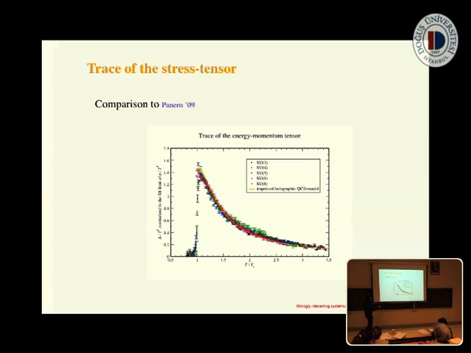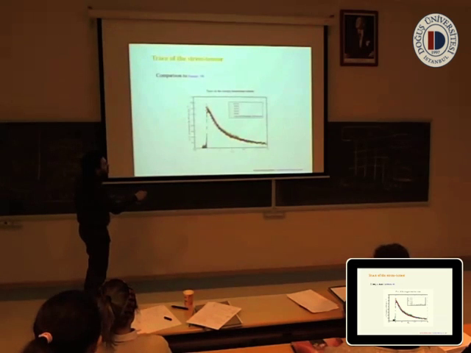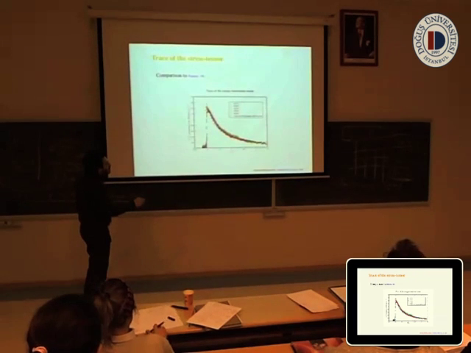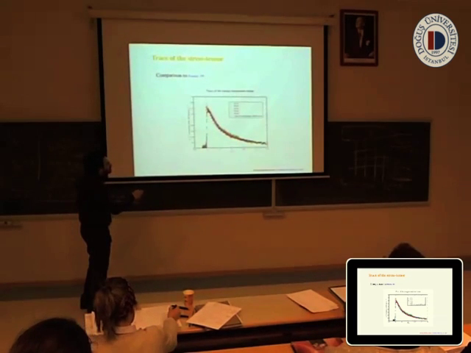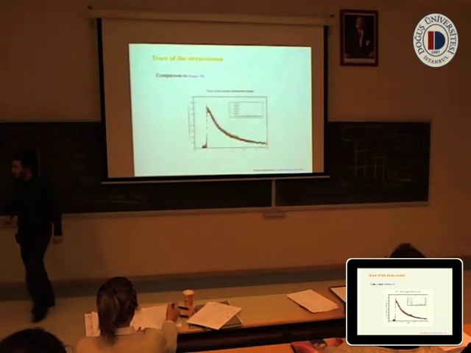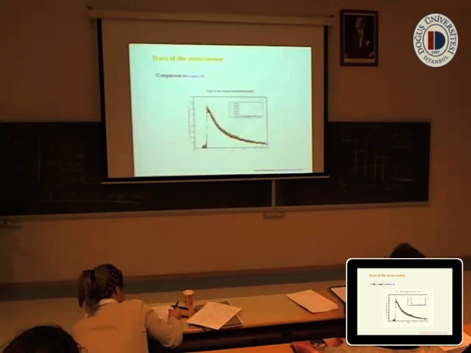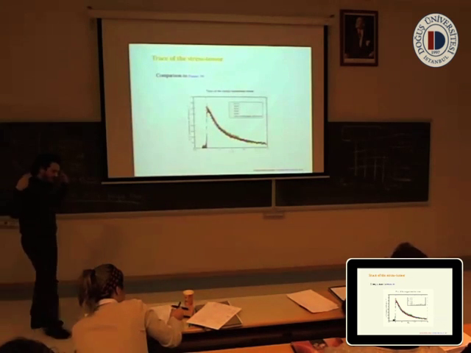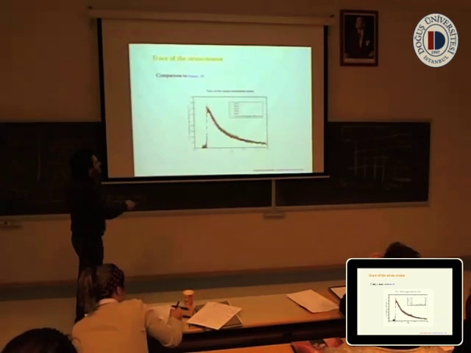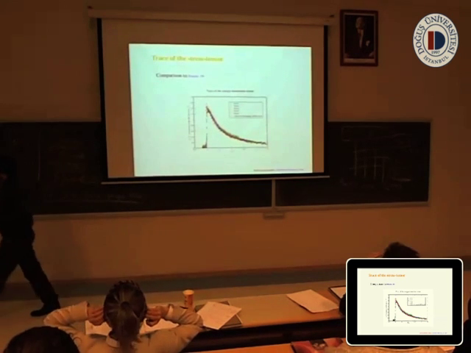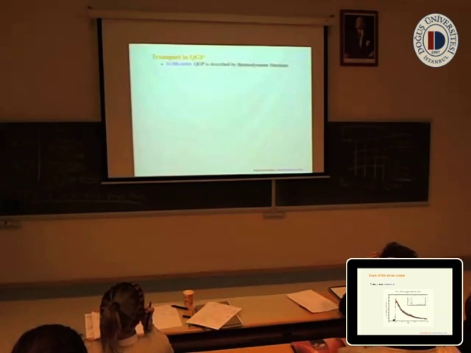This is the lattice simulation again, showing data for different numbers of colors, and this orange curve here is the result of the gravitational calculation. You fix a couple of parameters by just general requirements of quantum field theory, and then in the end you get nice predictions.